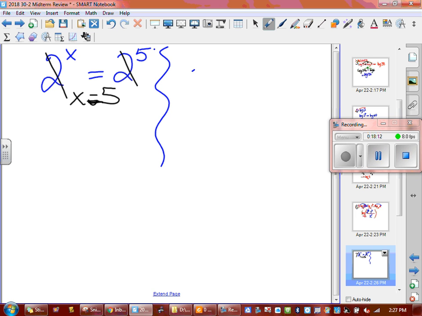So let's take one of these. Let's go with 3 exponent 2x minus 1 equals 9 squared. What is the first thing we're going to have to do on the right-hand side there? That's right, take the 9 to a base 3.